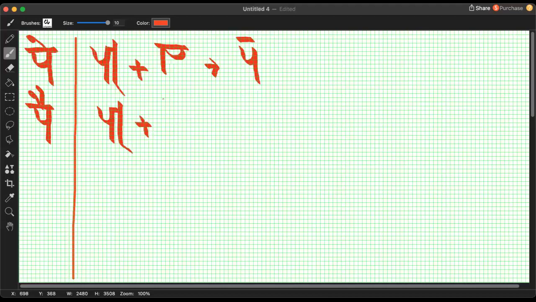We first write I alphabet, and then if you're writing this as a matra for per, you first write per, leave some space and draw two horizontal lines or an equal symbol. This is pi.